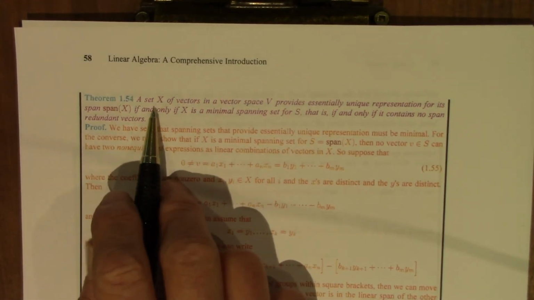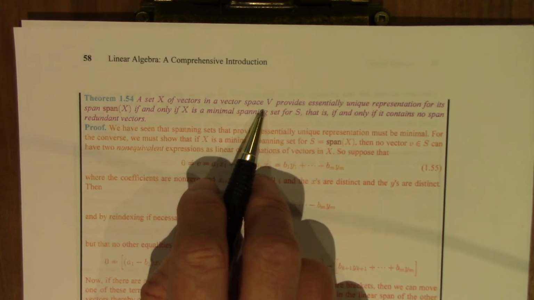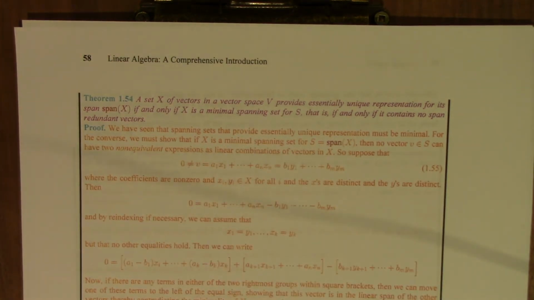A set X of vectors in a vector space V provides essentially unique representation for its linear span if and only if X is a minimal spanning set. Or put another way, if and only if X contains no span-redundant vectors.